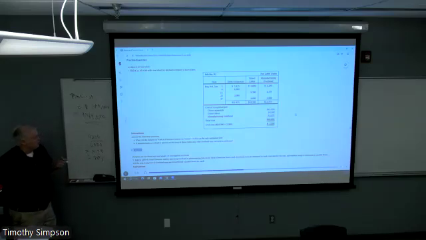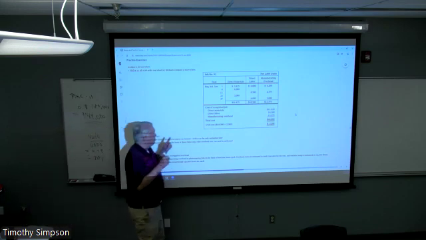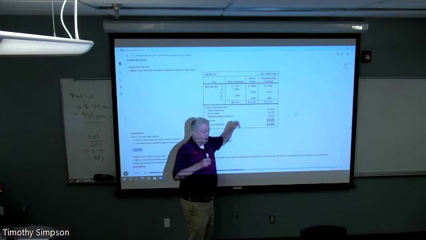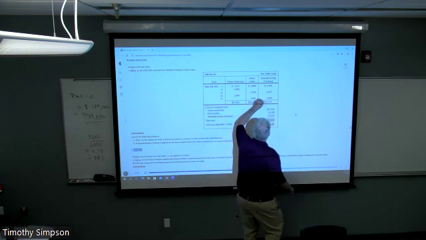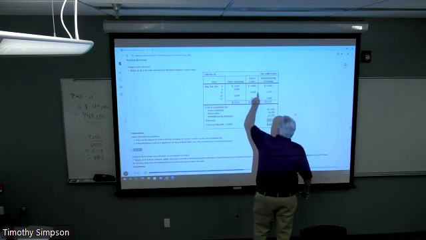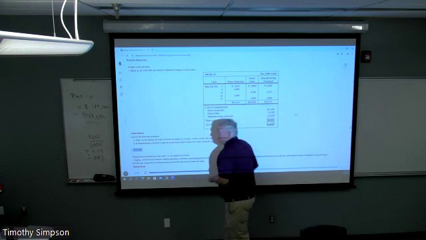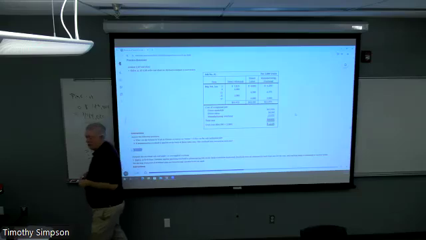There are two different means by which we get the same answer here. If direct labor cost, not direct labor hours, not machine hours, not anything else, is the driver, and we take the manufacturing overhead applied, 6,375 divided by 8,500, or 3,000 divided by 4,000, we're going to get 75%.